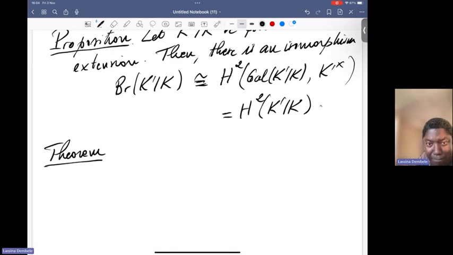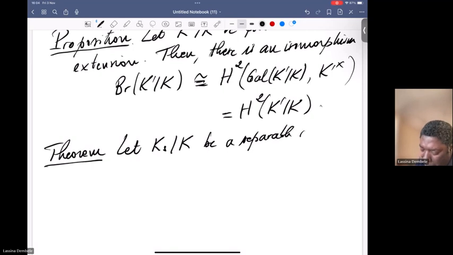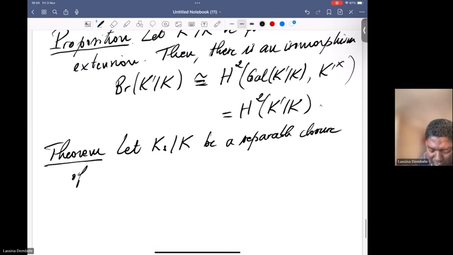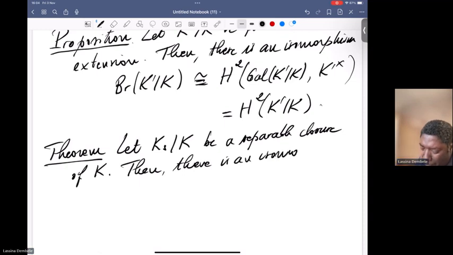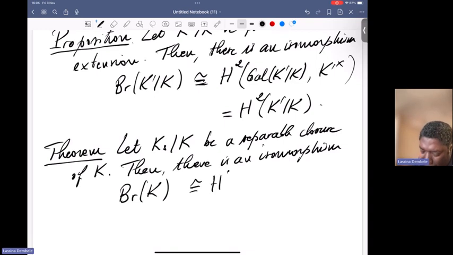The theorem says that if I let Ks be a separable closure of K, then there is an isomorphism from the Brauer group of K to the H2 of Gal(Ks over K) with coefficients in Ks star.